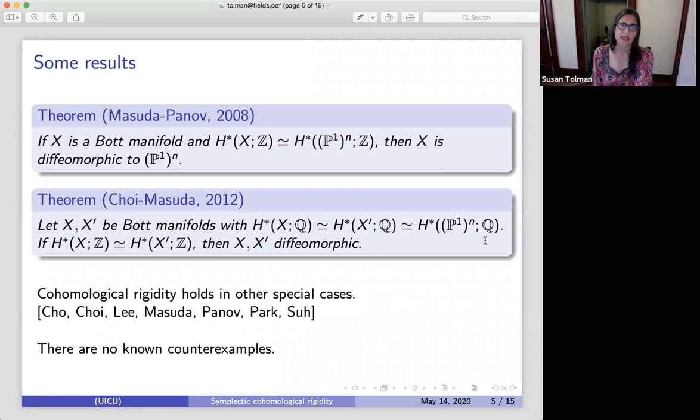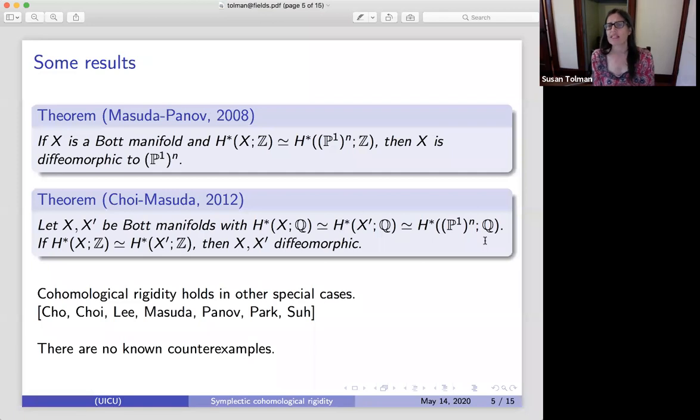In fact, there are a number of other special cases where this theorem has been known, through different theorems by a number of authors combined. Cho, Choi, Lee, Masuda, Panov, Park, and Su are some of the names.